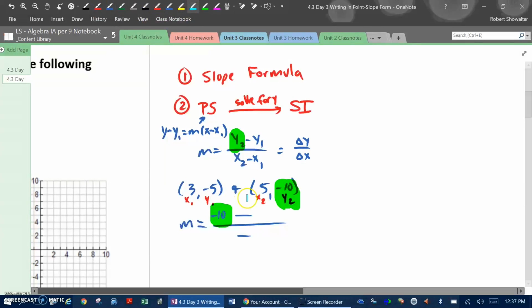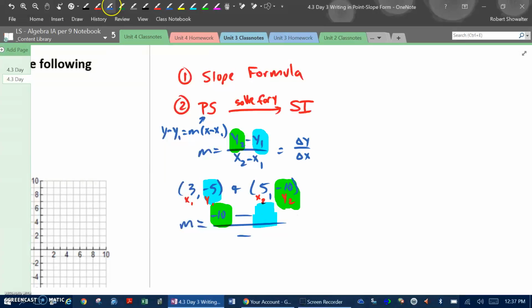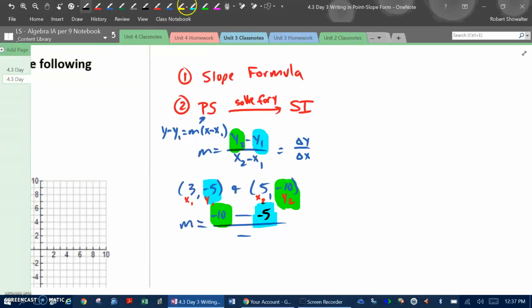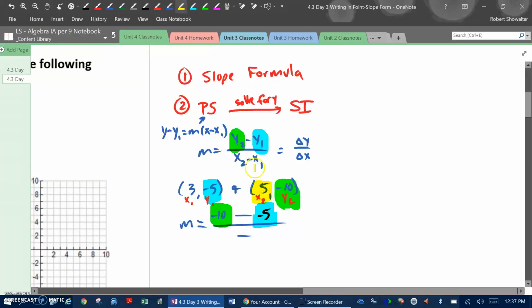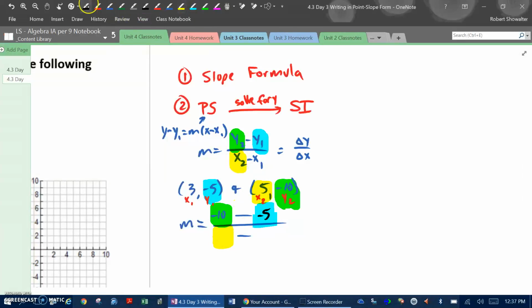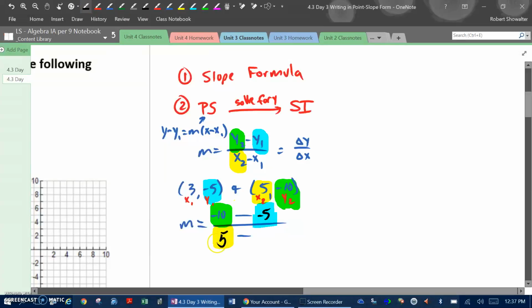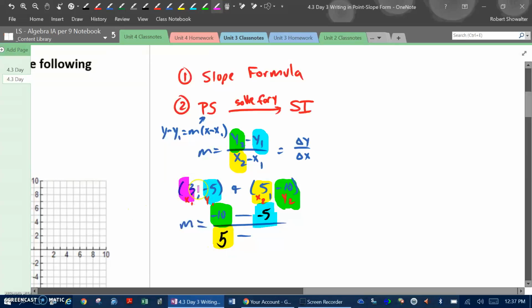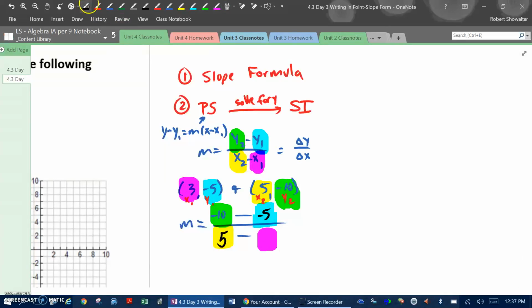If I want y1, I go over here, I labeled that y1, and I put that down right there, so -5, and I can continue with the other points. If I want x2, x2 goes there, so I'm going to write that in that spot. And then if I want x1 here, we're going to write that in the x1 spot.